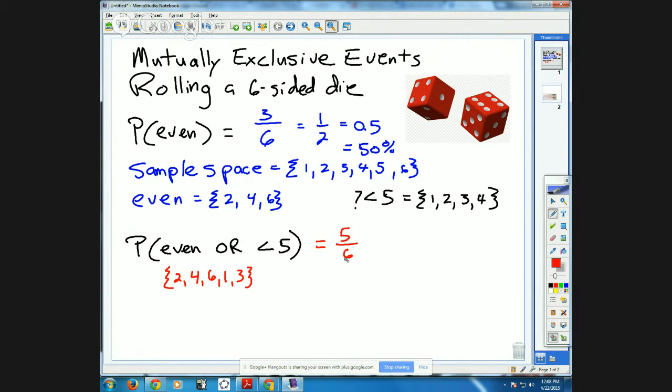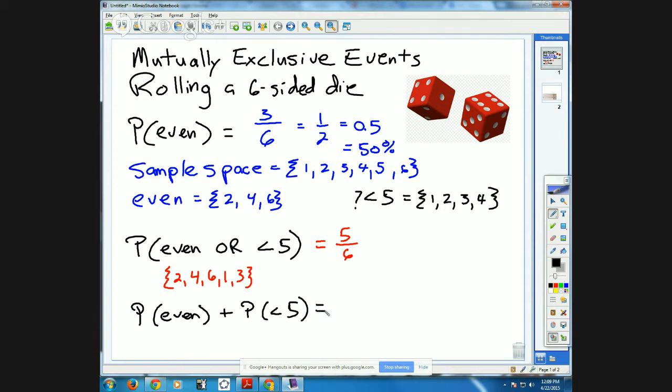So in order to find a probability, we have to understand our sample space, and we have to understand what particular set or sets we need to combine or look at. One might look at that and say, or, I just combine them. A lot of times with ors, we add them. So is that the same as the probability of being an even number plus the probability of being less than 5?